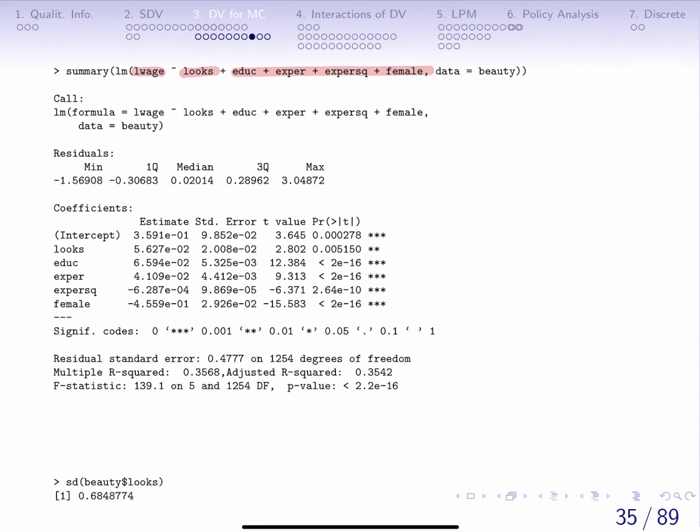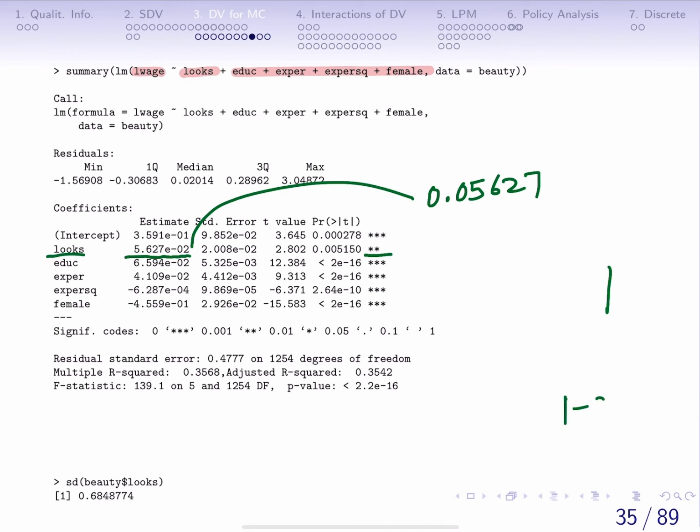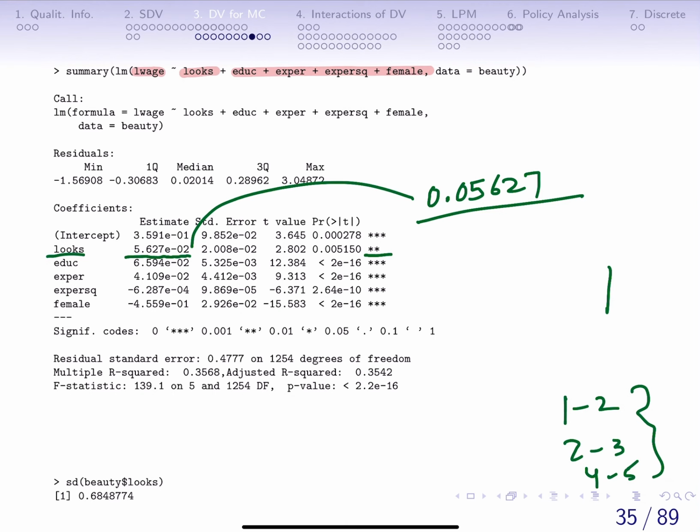If we throw looks into our regression, we get a coefficient that is significant, and this is basically saying as looks goes up by 1, which is to say that if you went up from 1 to 2 or 2 to 3 or 4 to 5, it's all the same. This is just going to be giving you a 5.6% higher salary, ceteris paribus.